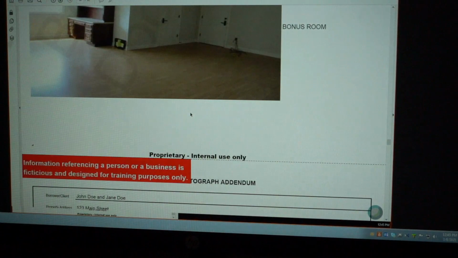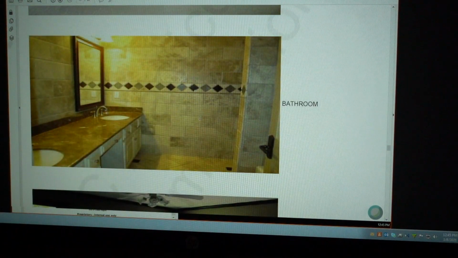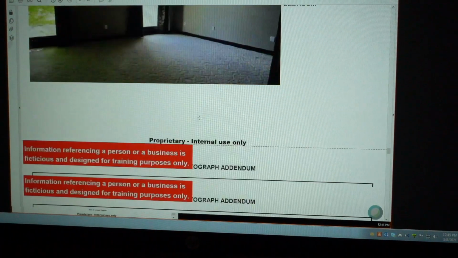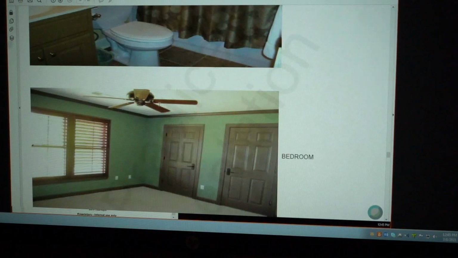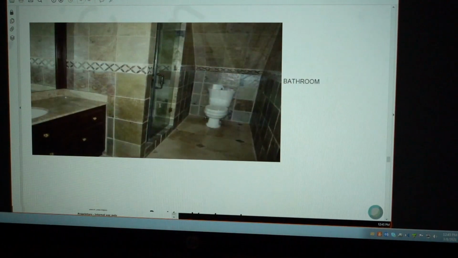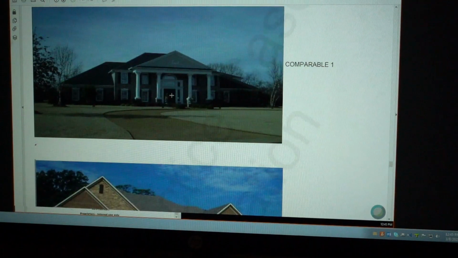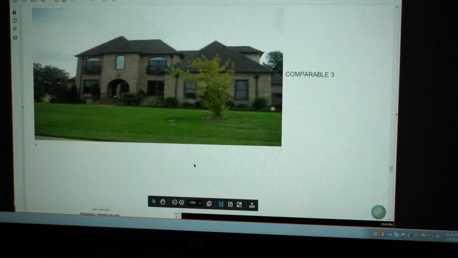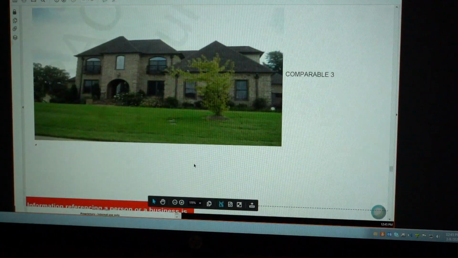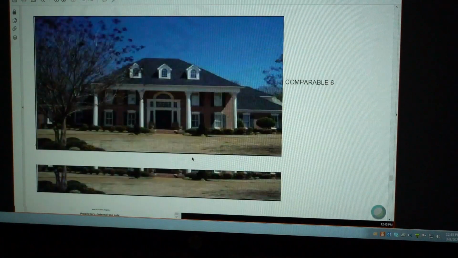Bonus room, another bedroom. There's another full bathroom right there. Once you're done with that, there's another bathroom. It has 4.5. So I got all my bathrooms. There's another one. Like 4.5 bathrooms. And then comparable 1, comparable 2, comparable 3, comparable 4, comparable 5, and comparable 6.